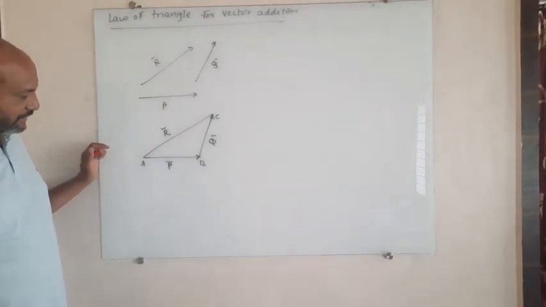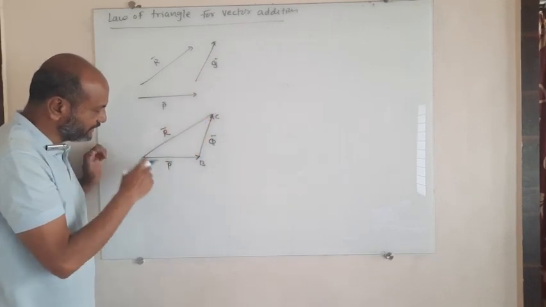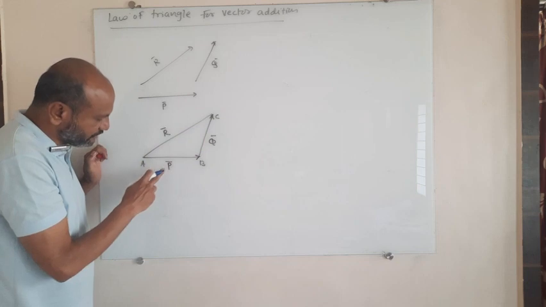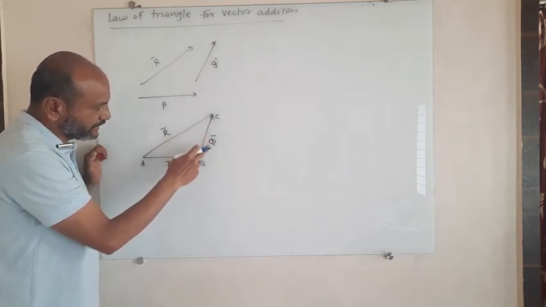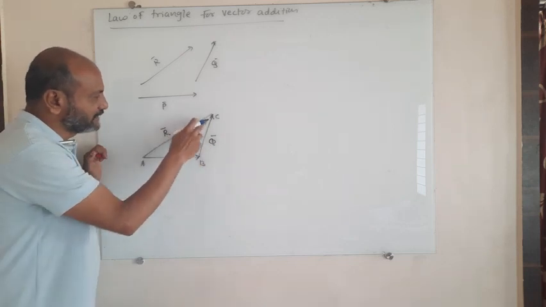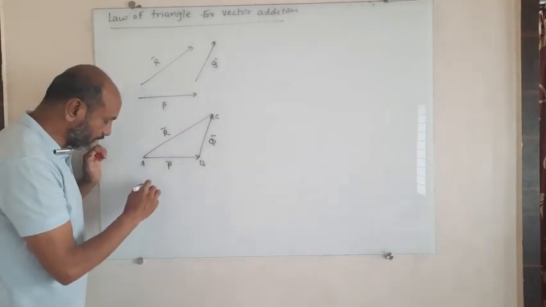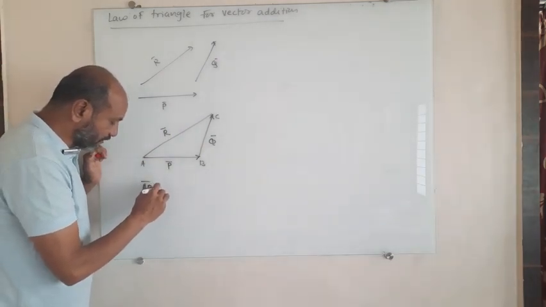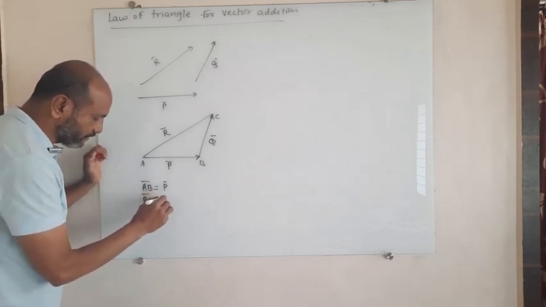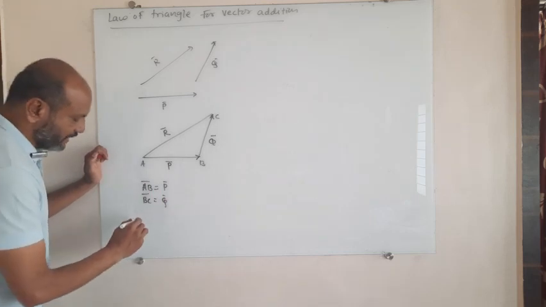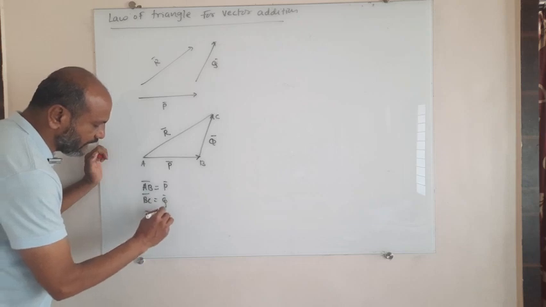Keep in your mind, in triangle ABC, side AB represents the magnitude and direction of P bar, BC represents the magnitude and direction of Q bar, and AC represents the magnitude and direction of R bar. Pay attention here: AB bar represents P bar, BC bar represents Q bar, and AC bar represents the resultant R bar.